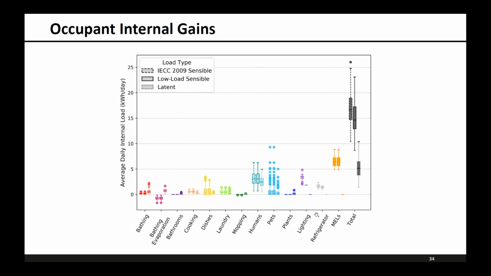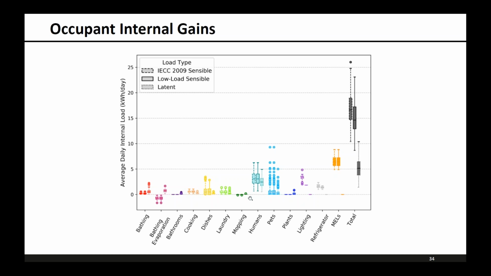So if we focus in on humans here, for example, we've got a median value around 3.5 kilowatt hours a day for sensible load, and that's identical for both the IECC and the low load home, along with a slightly lower latent kilowatt hour a day. So the bars are in order: IECC sensible is first, low load sensible is second, and then latent is third.